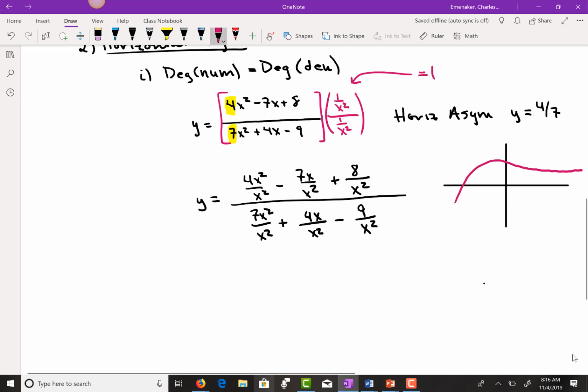Horizontal asymptotes really describe what's going on as you get way out on the ends of the function. Does that make sense? So what that's really saying is we want to think about this function as x approaches either infinity or negative infinity. Make sense?